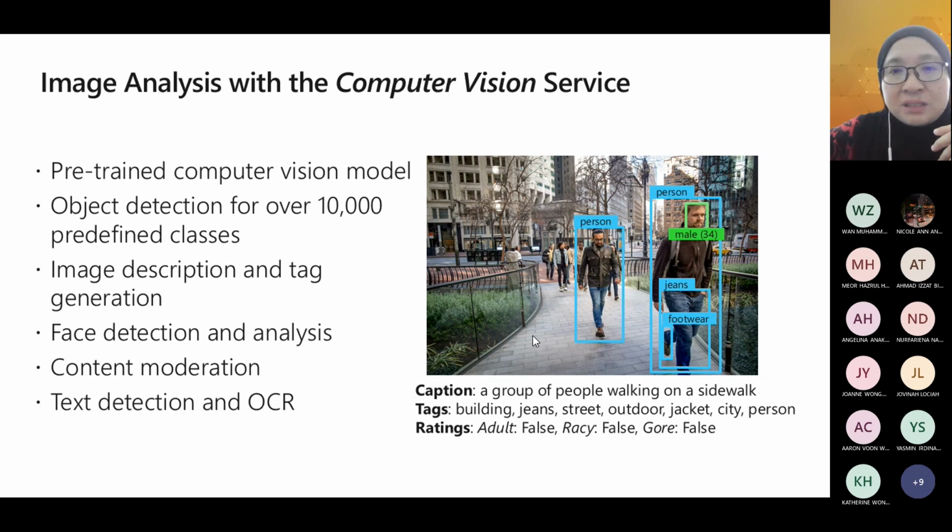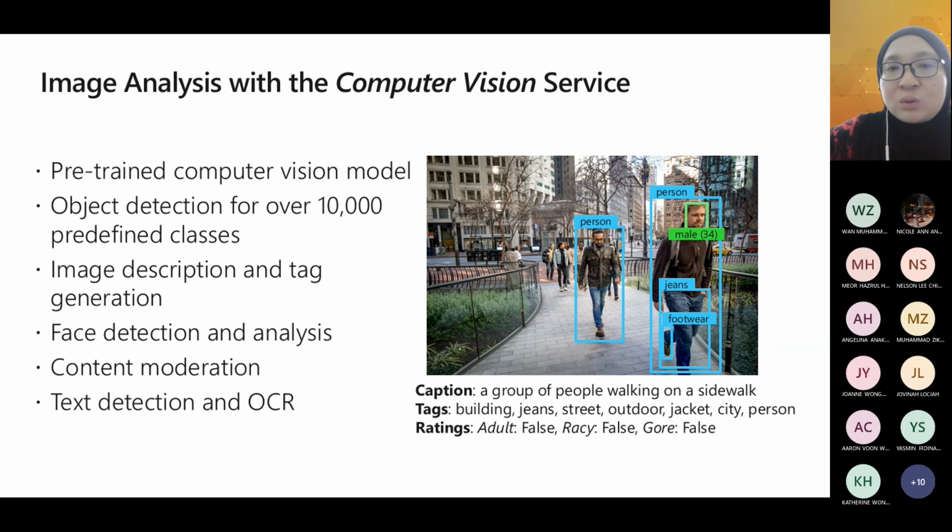So this is an example given: a group of people working on the sidewalk. Maybe there's a CCTV there. It captures video and turns it into images, and then it analyzes, recognizes the objects, and tags them: tag for building, tag for jeans, tag for the jacket, city, person, who knows, even much more detail like the brand of the shoes, the footwear, Adidas or Camel. So it can be even more detailed depending on the resolution of the camera.